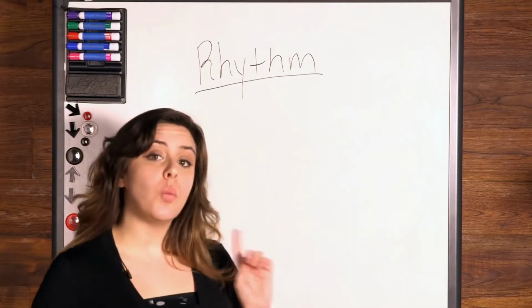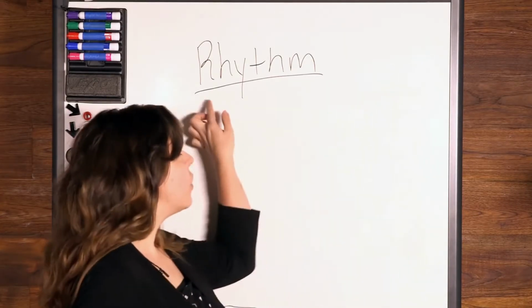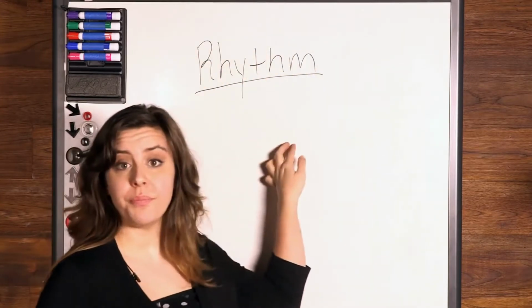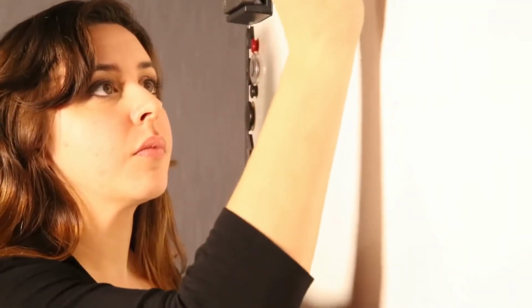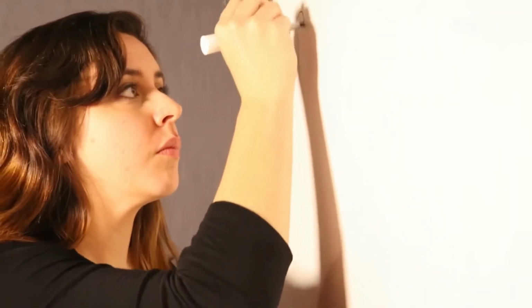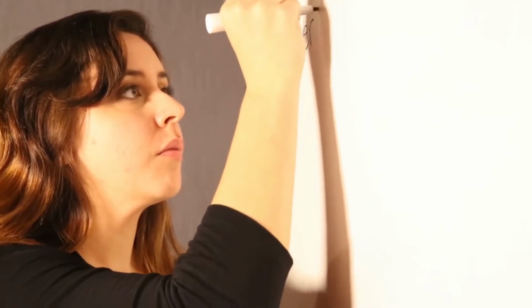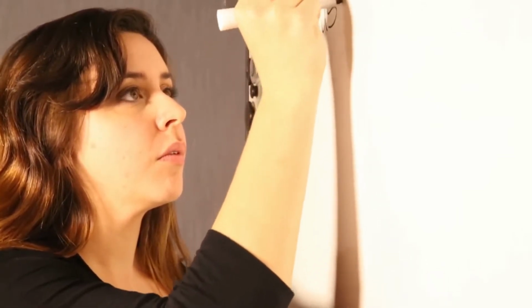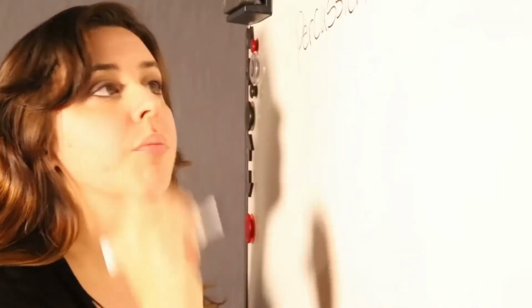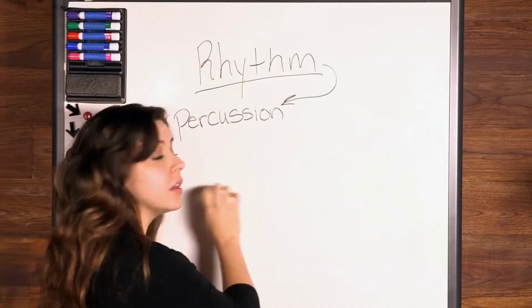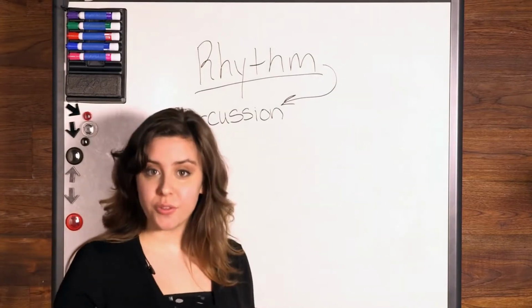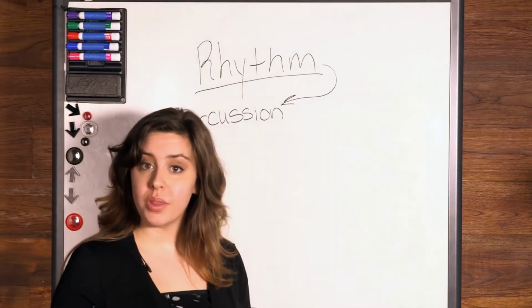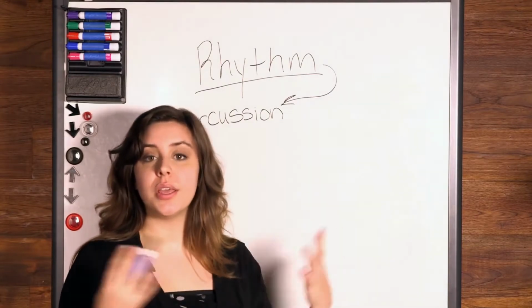As I said, there is only one type of instrument that works only with rhythm, and that would be percussion. Percussion is the only instrument that uses just the rhythm factor. All other instruments, including the voice, must use both rhythm and melody in order to produce music.